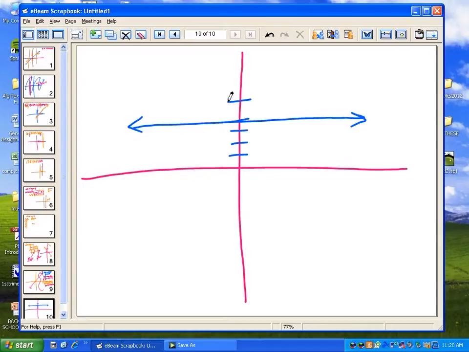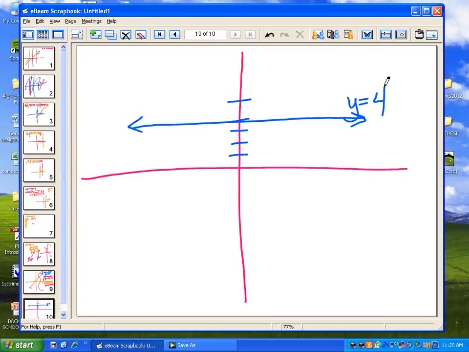What kind of a line is it? Let's start with that. What do you think, Olivia? It's a horizontal line. Okay, who can write the equation of that line? There's no magic to this. Caitlin. Y equals a number. Y equals what? 4. 4 in this case. This equation is y equals 4.